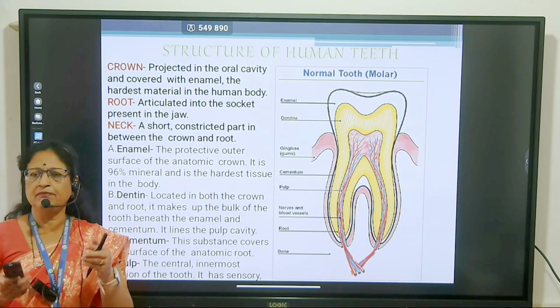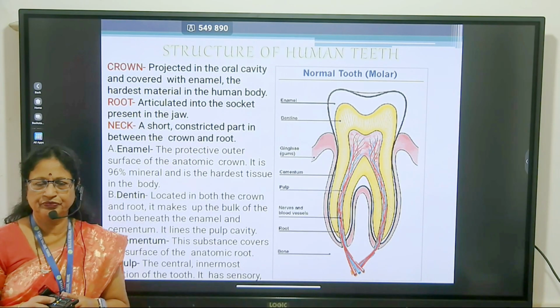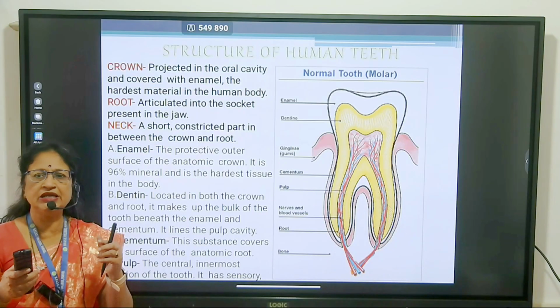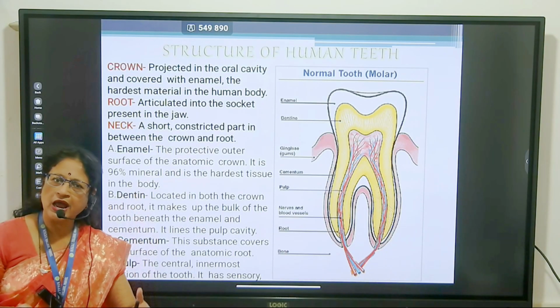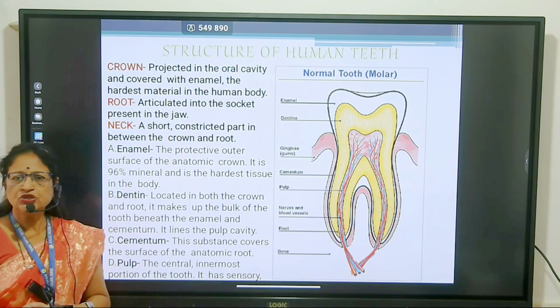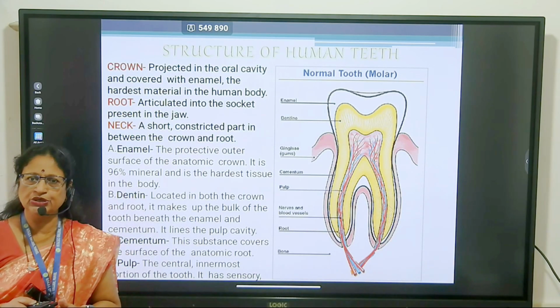Then second, below this enamel there is dentine. This dentine is the actual part present between crown and root, so it extends from the crown to the root region.